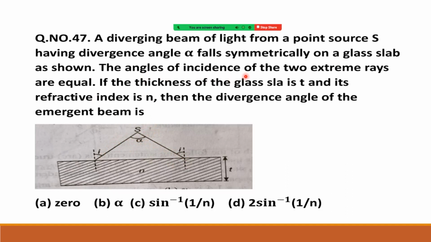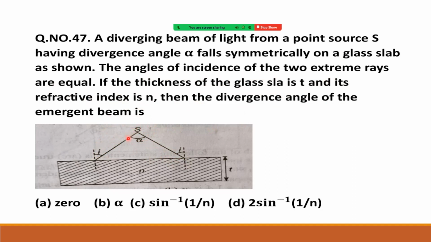The angles of incidence of the two extreme rays are equal, given I and I. If the thickness of the glass slab is T, and its refractive index is N, then the divergence angle of the emergent beam is.